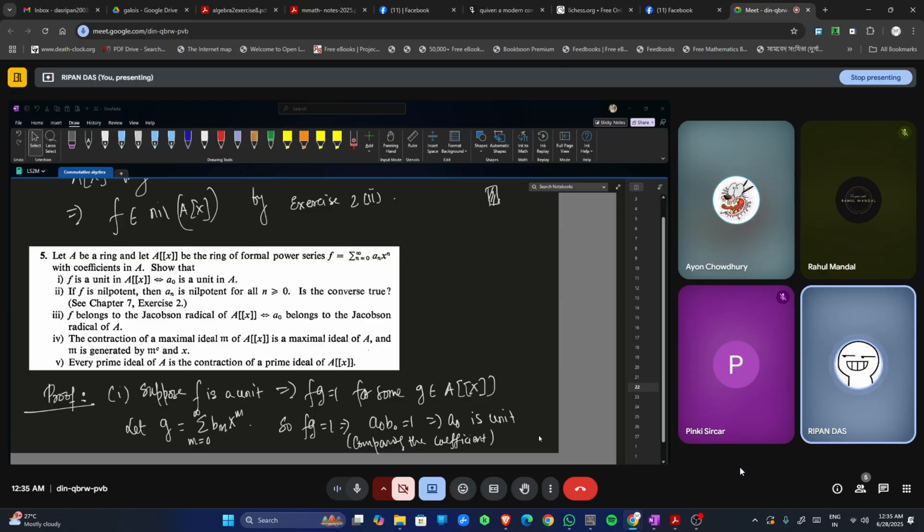Okay, so what about problem 5.3? F is in the Jacobson radical if and only if A0 is in the Jacobson radical. How to show that?